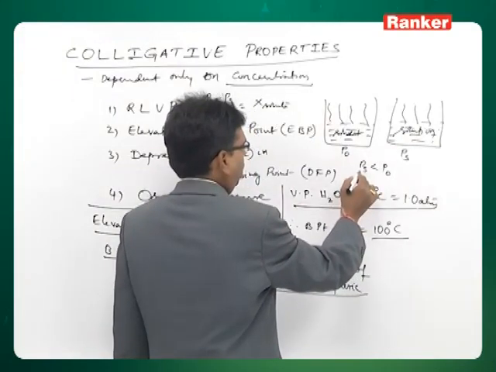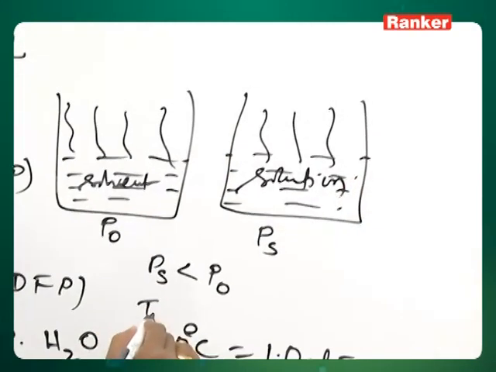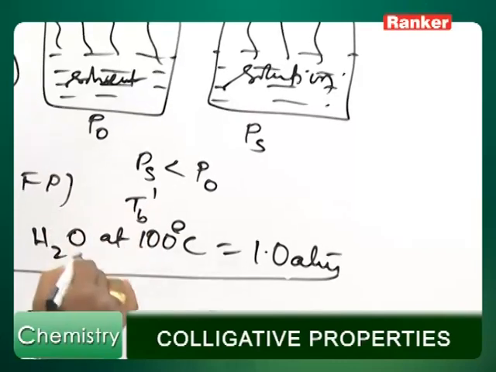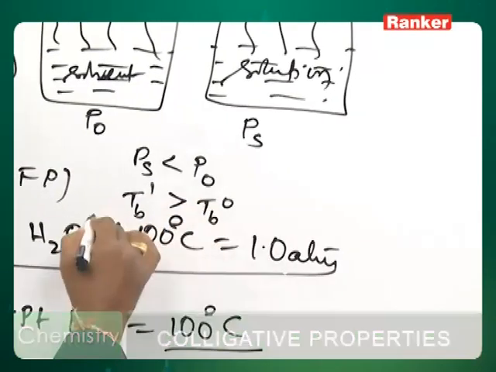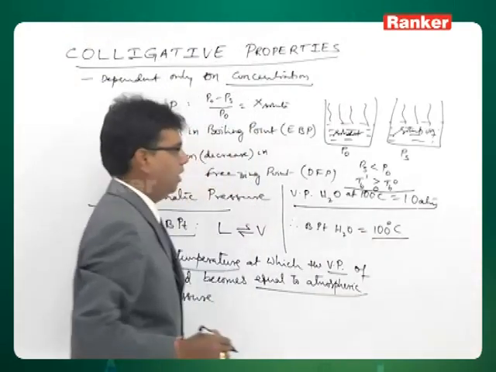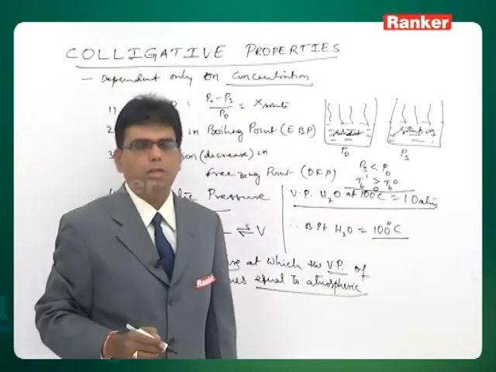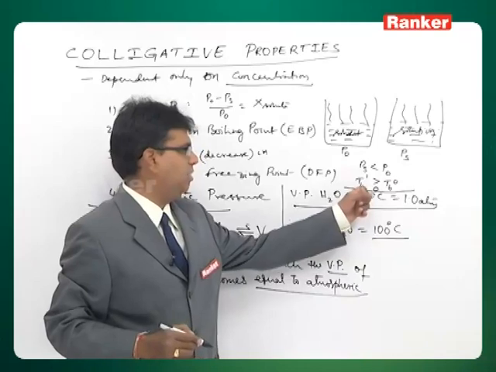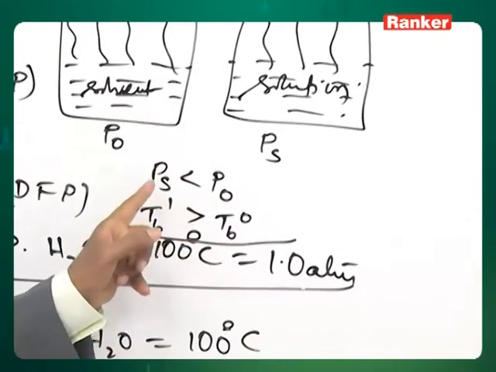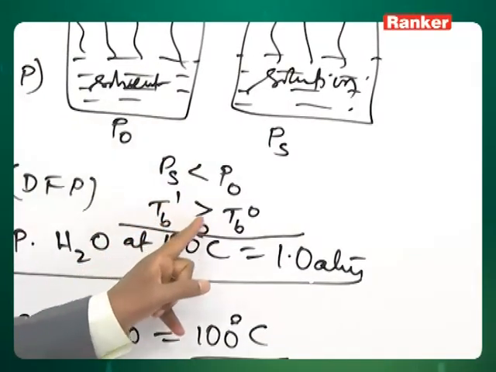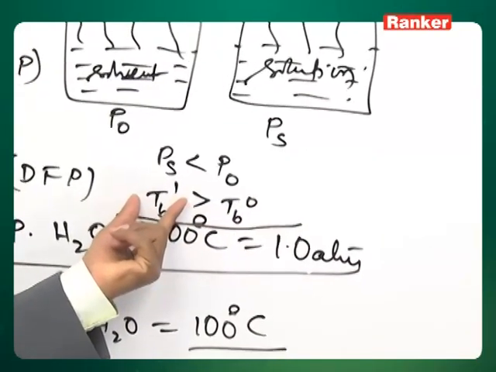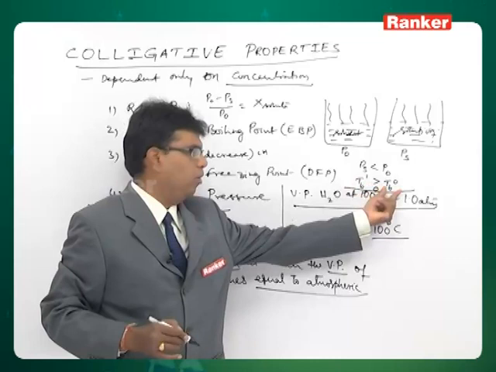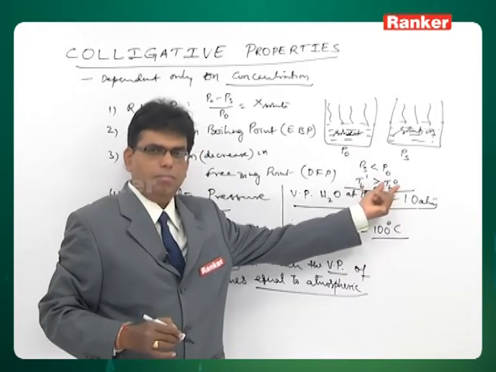Obviously, for a solution, the boiling point Tb dash will be greater than Tb naught, where Tb naught is the boiling point of the pure solvent and Tb dash is the boiling point of the solution. The meaning is that the boiling point of the solution is greater than the boiling point of the pure solvent.